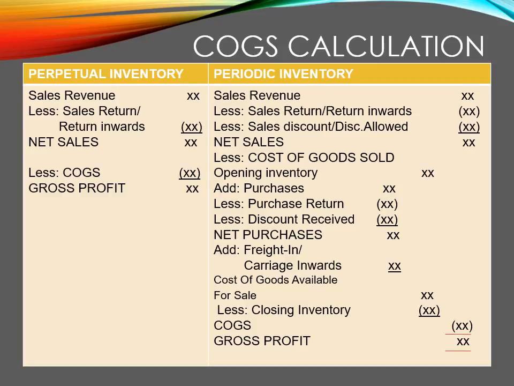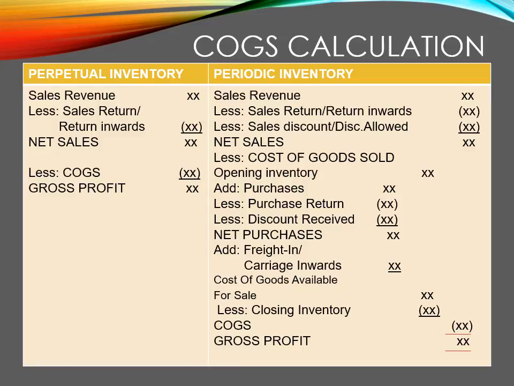However, if you adopt the perpetual inventory system, your job at the end of the year is less, because the cost of goods sold has been determined every time you sell off the goods. So you do not need to calculate the cost of goods sold at the end of the year, because the system already shows you the value of cost of goods sold at that particular time.